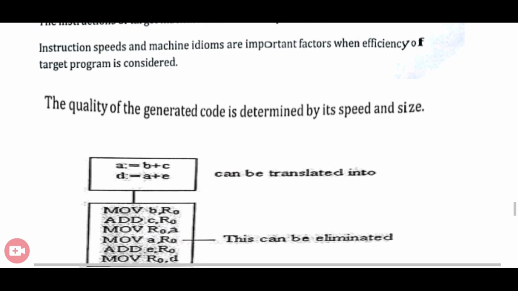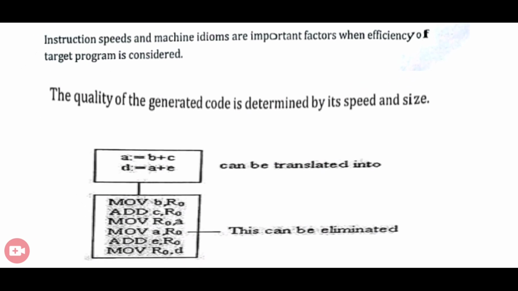In the figure we can see that this code can be translated into this type of target code, but the fourth statement is actually a duplicate of the third statement. We already have the value, and again the value is moved to a, so it is redundant code and can be eliminated. So instruction selection should be proper, the number of instructions should be minimum and without any duplicate instructions. So instruction selection must be a design issue in the code generator.